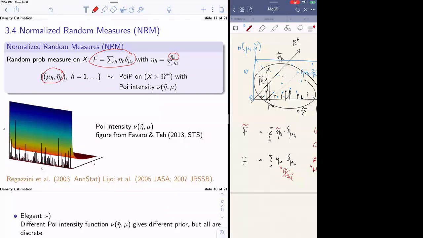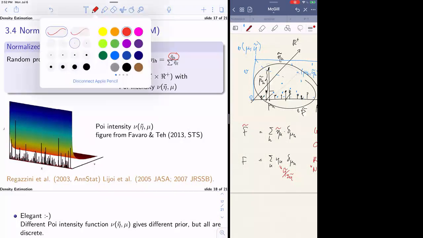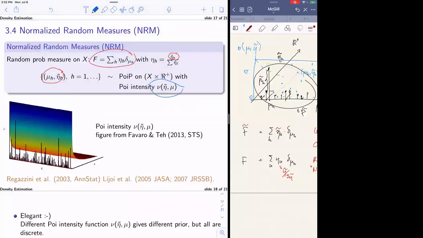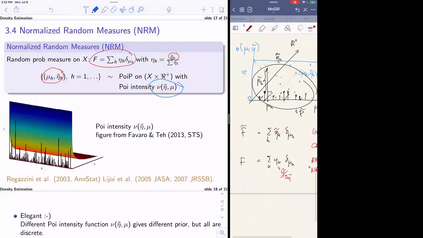That is a Poisson process on the desired sample space augmented by the positive real line with Poisson intensity. This is the blue Poisson intensity from the cartoon on the right side.